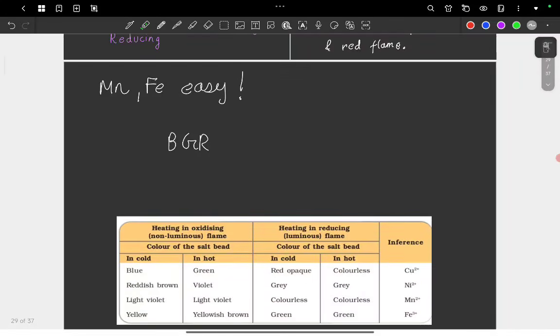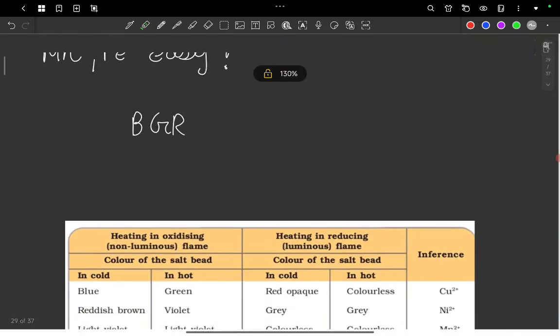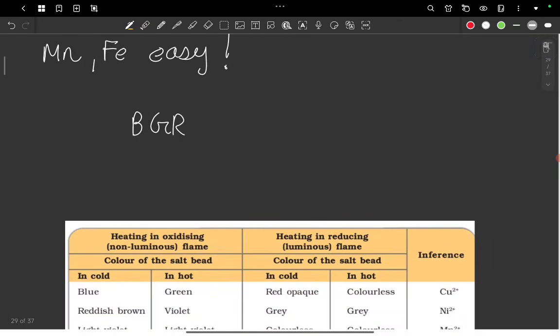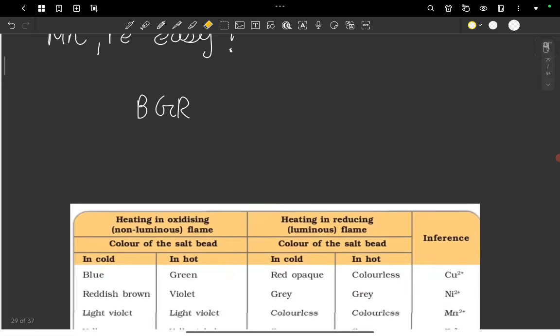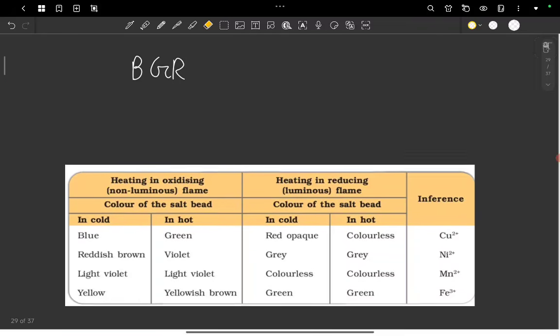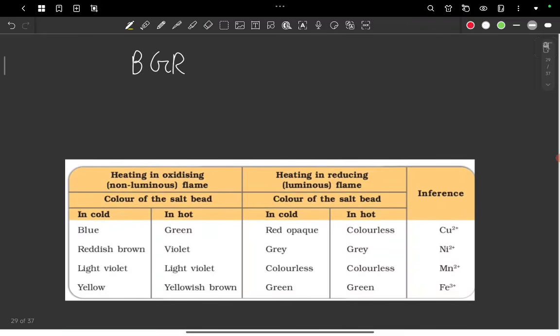Okay. What is this? Why did I write this? Oh, basically, I tried to come up with something related to what you study in mathematics, the triple scalar product, and how it is cyclic. So I tried to come up with something related to that. How? Basically, this is BGR.